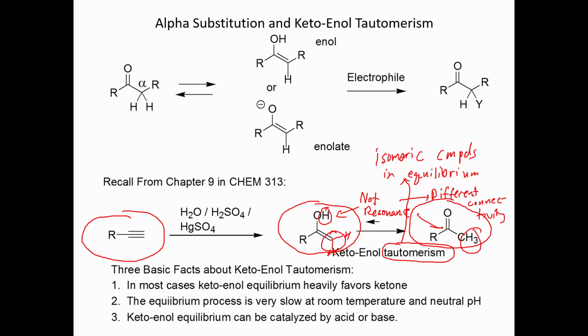Okay, so let's say we start with a ketone, and remember you may have been introduced to this nomenclature previously. This is not official IUPAC nomenclature. We're just going to call this alpha. Alpha is the carbon next to the carbon of interest, or the most interesting carbon, which I know is in the eye of the beholder, but the carbonyl carbon would probably be the carbon of interest here.